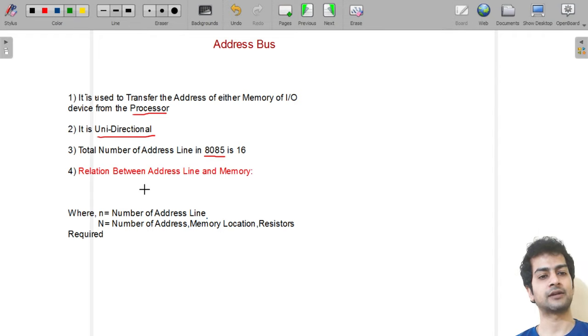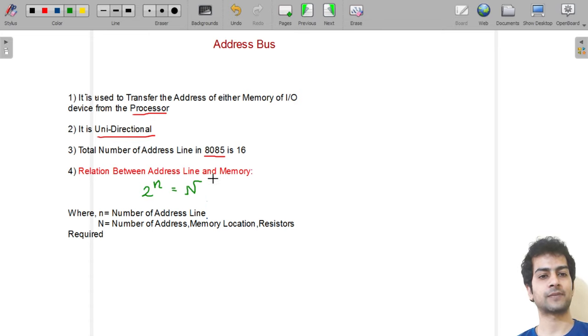We can write it as: 2 to the power n is equal to N. Here small n is the number of address lines, and big N is the number of addresses, or memory locations, or registers required or connected with the microprocessor.